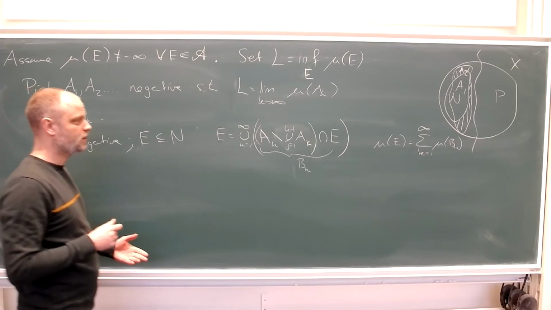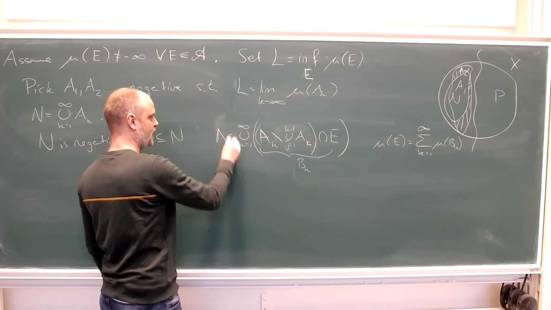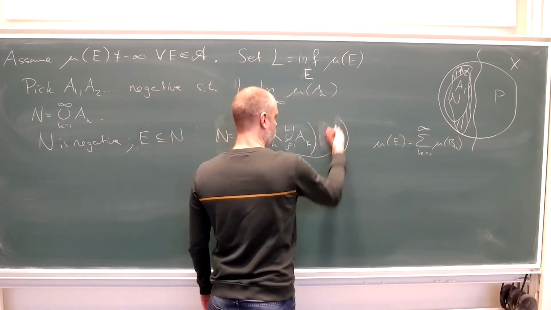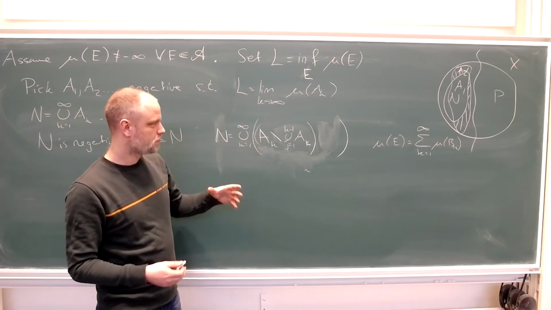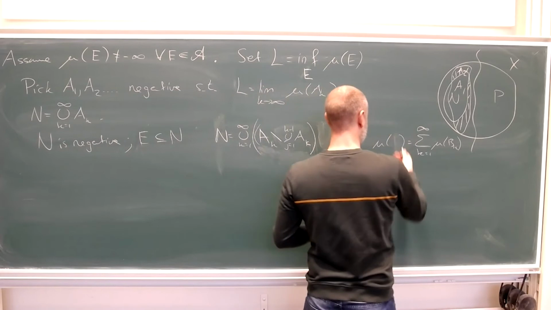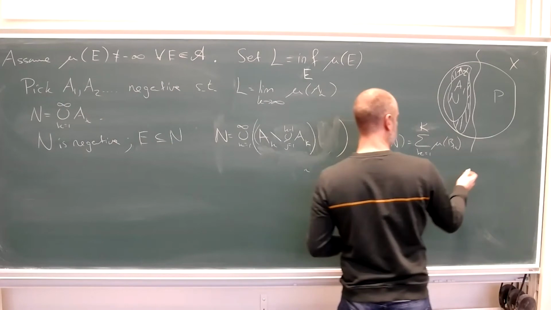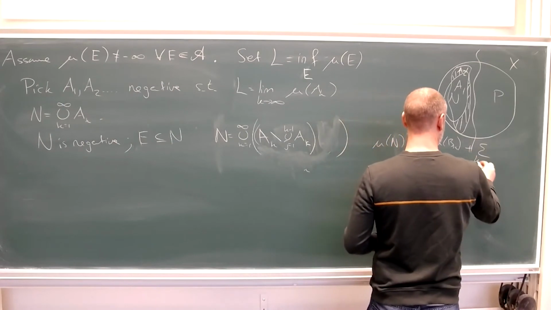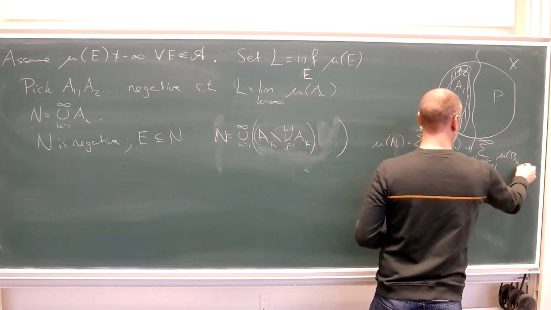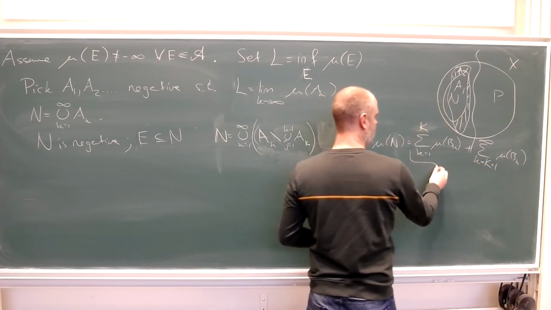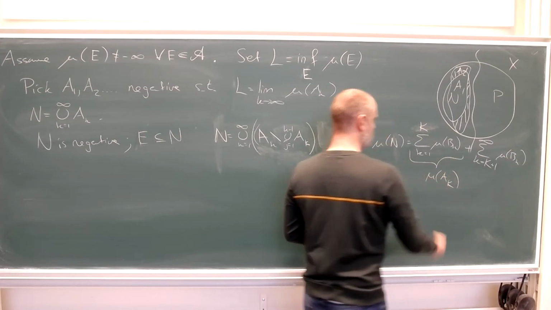Now, in a similar way, I can write N like this. If you break this sum up into a part going up to k, plus another sum from k plus 1 to infinity of mu of BK, then you see that this is just mu of my AK, right?